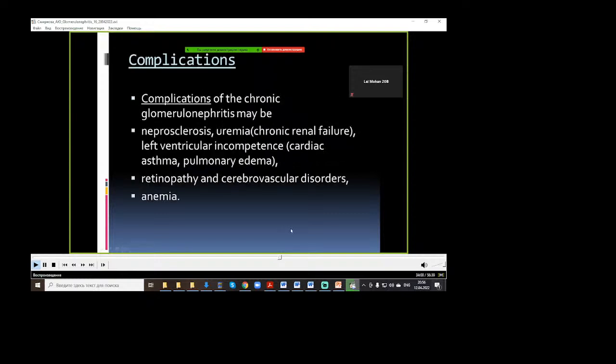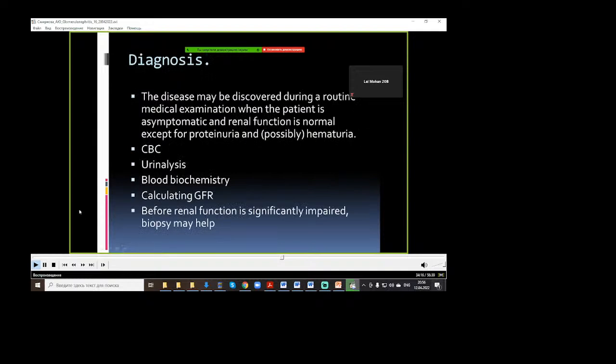Complications of chronic glomerulonephritis may be nephrosclerosis, uremia, left ventricle failure, retinopathy and cerebrovascular disorders, and anemia. Diagnosis.